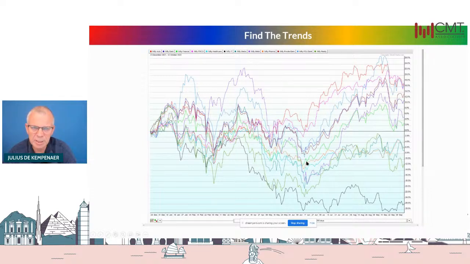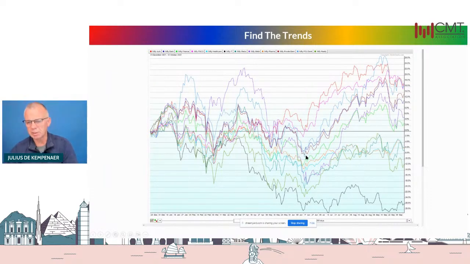picked up that green line here, which I think is the finance sector, if I'm not mistaken, and you would have aligned that with, say, the purple one, which is the fast-moving consumer goods, if you would have put your anchor right here, that finance index would have outperformed.